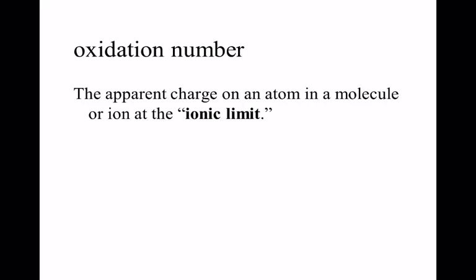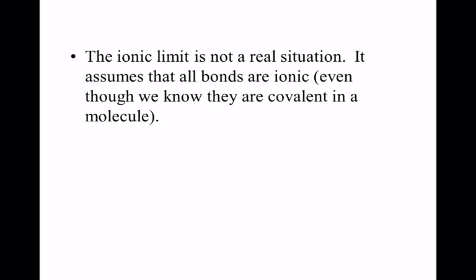Oxidation numbers are, for a given atom, basically its charge or parent charge at what we call the ionic limit. Now this is kind of strange. The ionic limit is not a real situation.